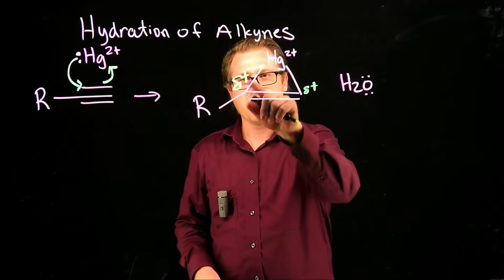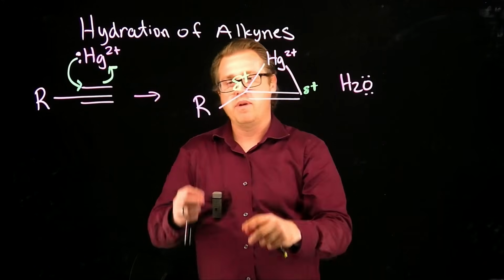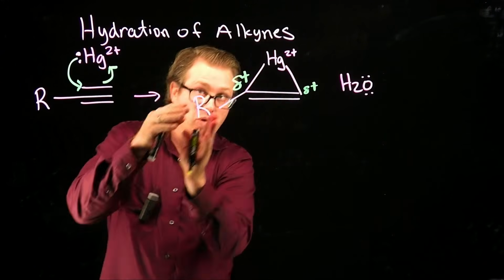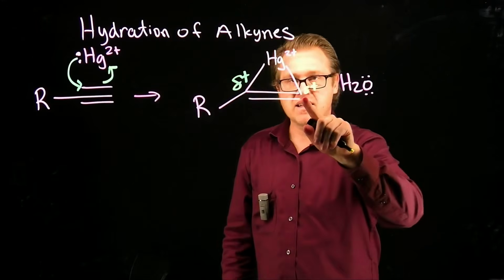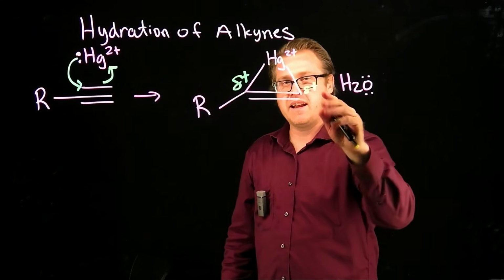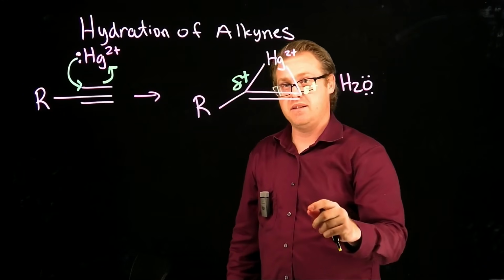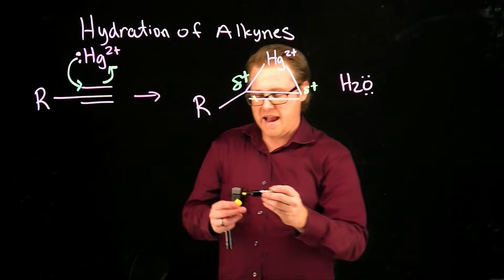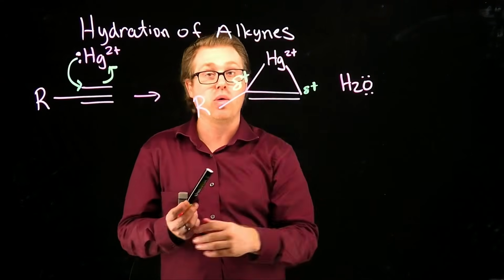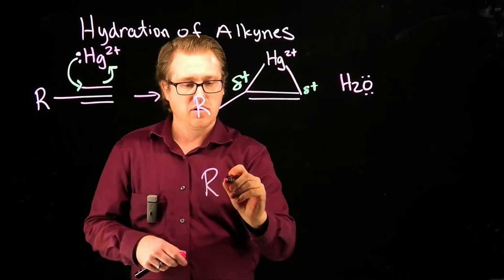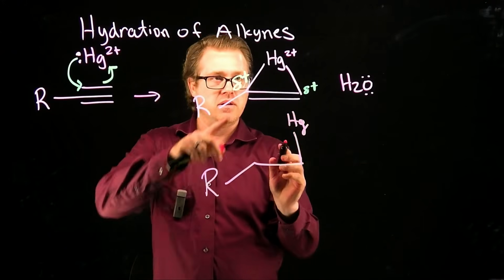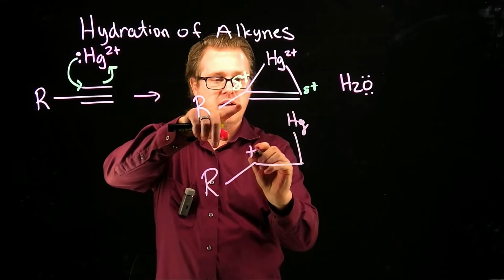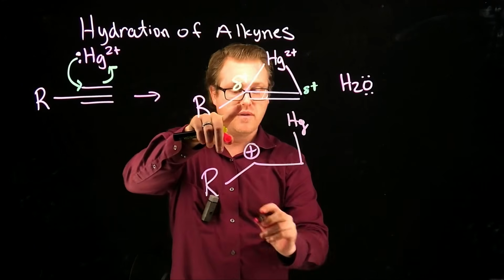And why is this going to have a larger partial positive? Because we have an alkyl group that can donate electron density in to stabilize that. On this side, there's no alkyl groups that can come in and stabilize it. Because what would we have if these bonds totally broke? Look at it this way. If that mercury atom, if this bond broke, we would have a carbocation there.